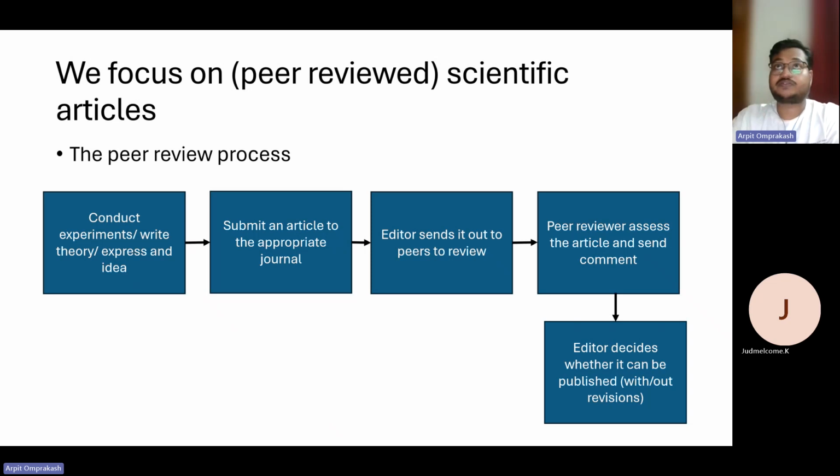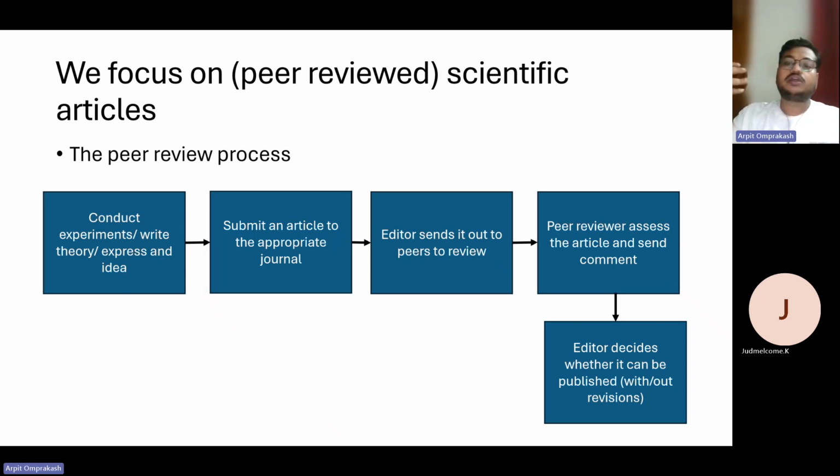Whereas if I'm working on something ecology related, I might submit it to a journal like Ecology Letters and so on. Once you submit an article to the appropriate journal, the editor goes through it, determines if it's a good fit for the journal, and then sends it out to different peers.